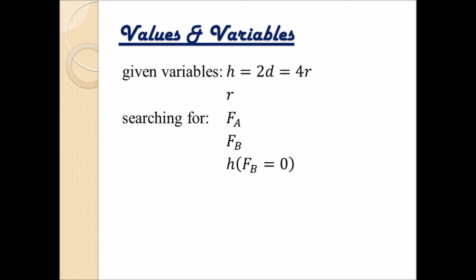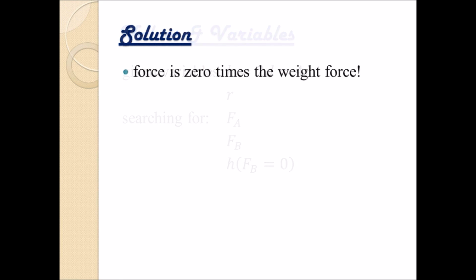Let's have a short look back on the variables we are searching for, and we see that yes, we've calculated FA and FB, but we are still searching for the height that we have to choose initially, such that the total sum of forces in point B equals 0, which means that we are actually not losing contact to the loop. But this is relatively easy to calculate because the force is 0 times the weight force.